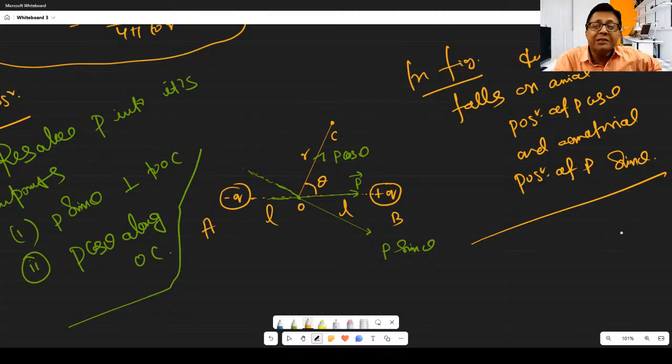So the field that C will find, naming that as E parallel and naming the one perpendicular to it as E perpendicular. E parallel what?